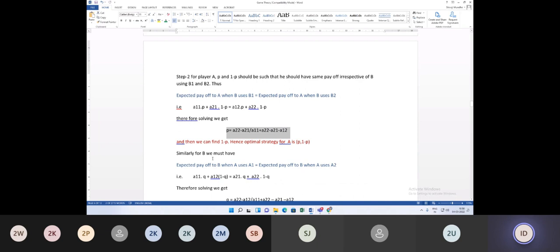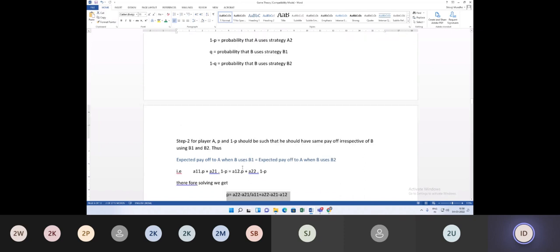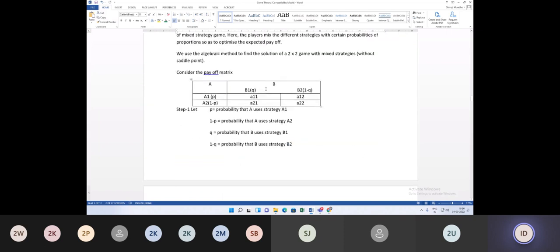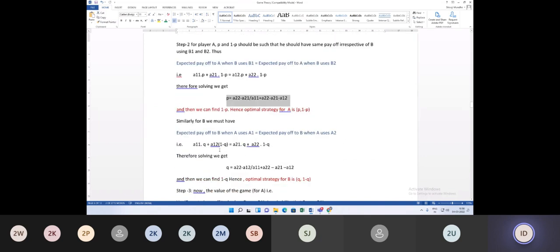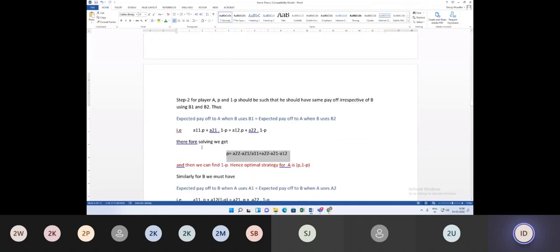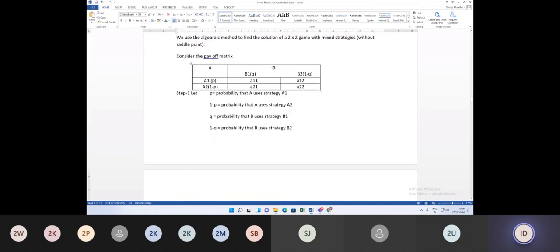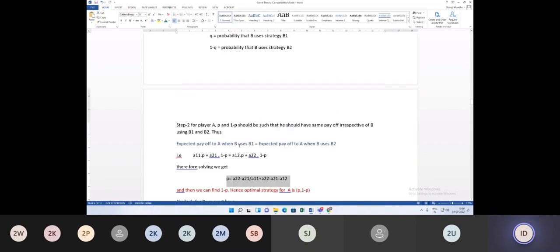The same technique we have to apply for B. We must use the expected payoff of B, which we now have to work out. In this case, A11 multiplied by Q, right? Because the expected payoff of B we have to work out, just reverse.